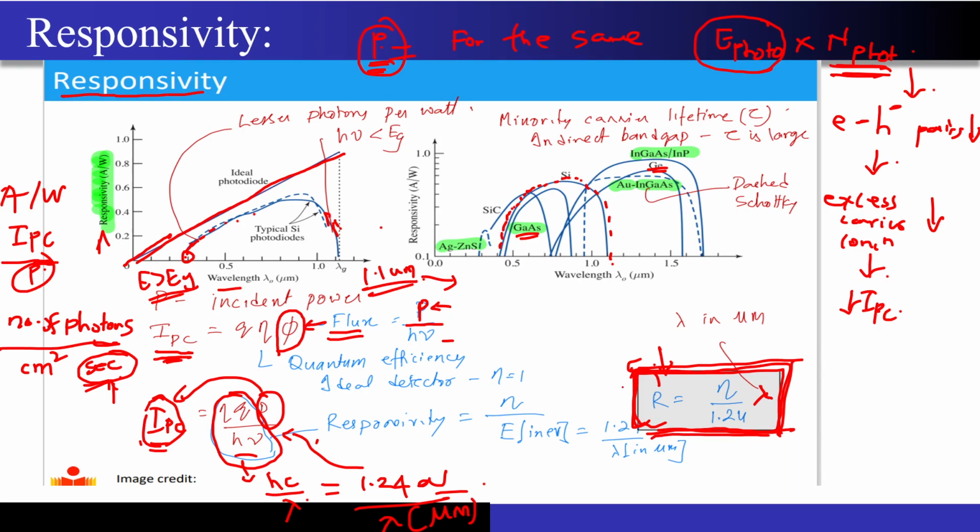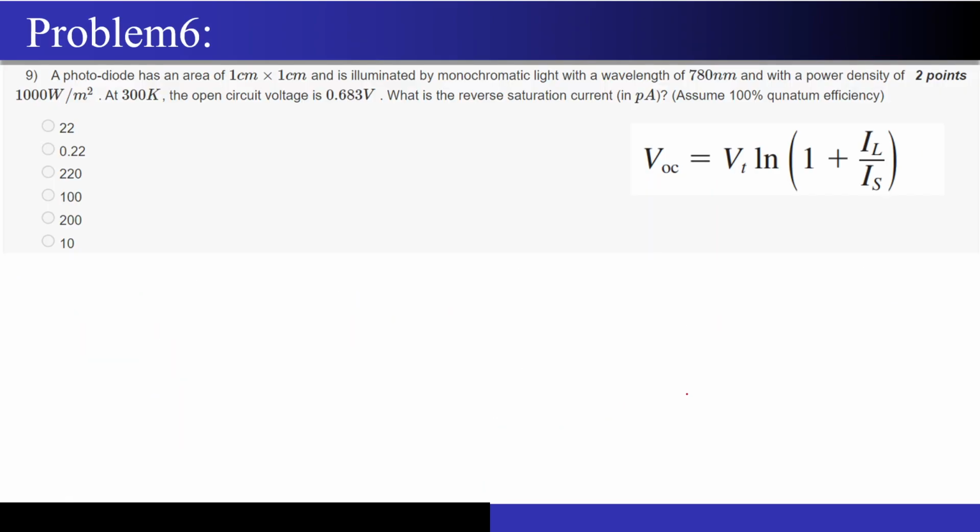And we will solve the numerical now. Only one numerical I have for this particular responsivity and efficiency formula, and now we will try to solve that numerical. So now let's see what this numerical is asking us. This is problem number 6. A photodiode has an area of 1 centimeter cross 1 centimeter and is illuminated by a monochromatic light with a wavelength of 780 nanometer, and with a power density of 1000 watts per meter square.